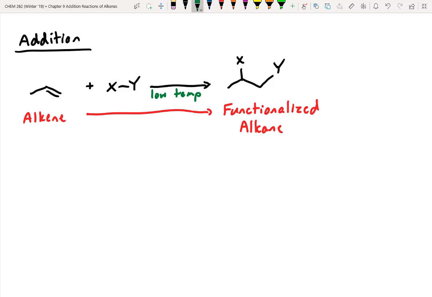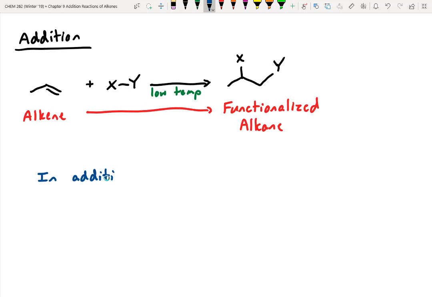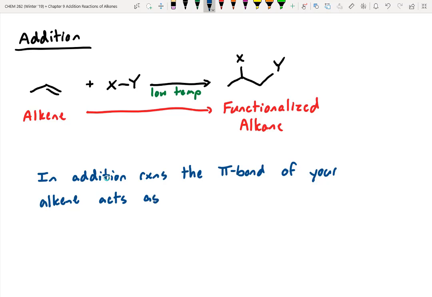All right, the weird thing with addition reactions is that your pi bond acts as your nucleophile. So in addition reactions, the pi bond of your alkene acts as a nucleophile.